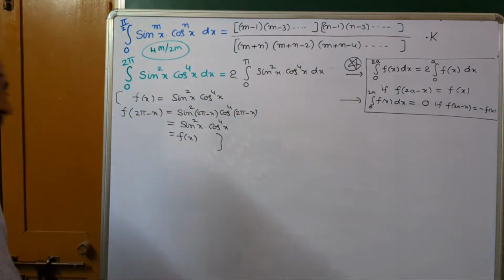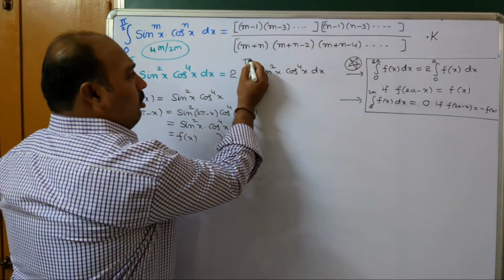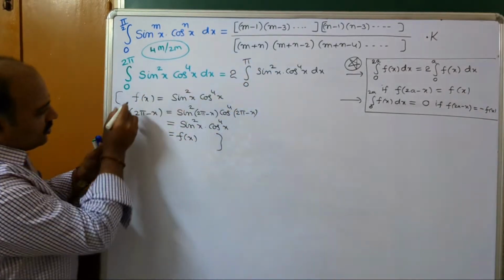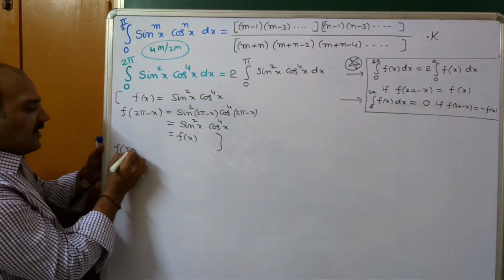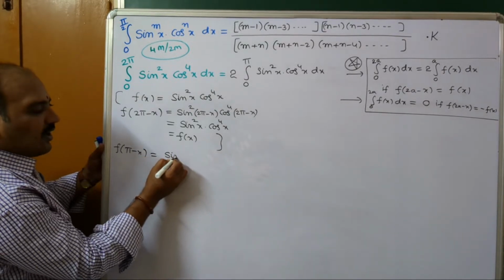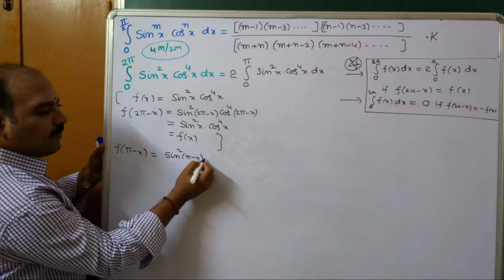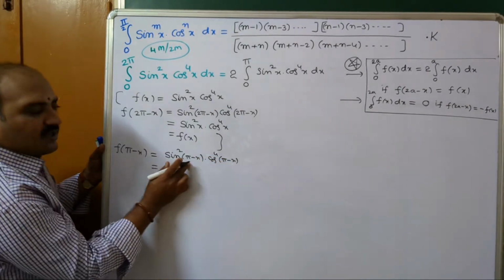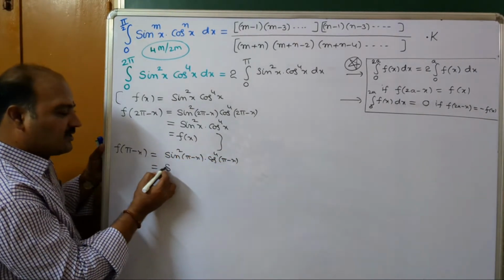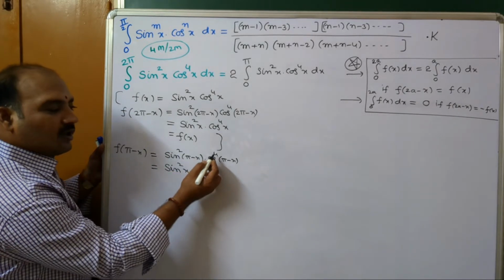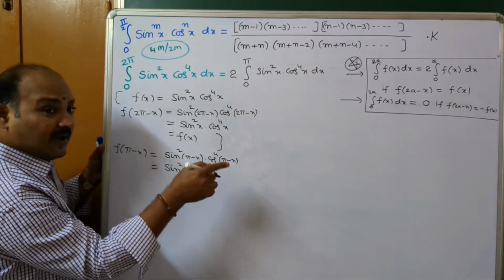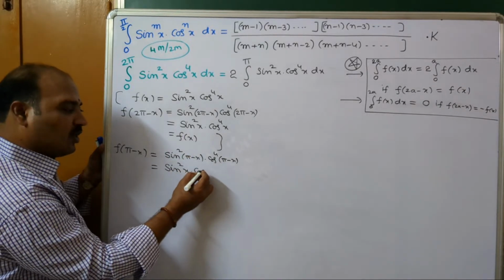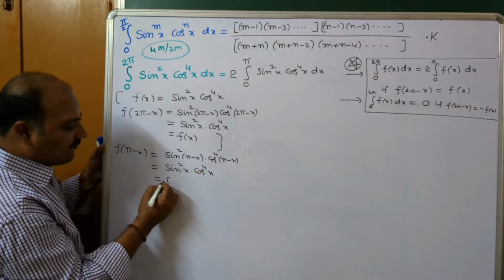Okay, dear students, again a is there, pi is there. Again I am checking f of pi minus x: sin square of pi minus x into cos power 4 of pi minus x. Sin of pi minus theta is sin theta only, so sin square x. Cos of pi minus x is negative, but power 4 is there, so positive only will come. Again we are getting f of x.